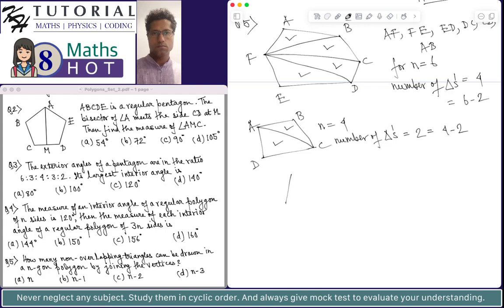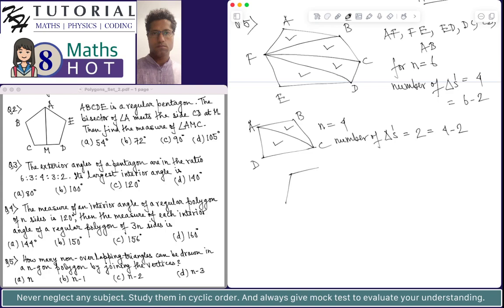Definitely I cannot take 3, because if n is 3, then it is a triangle, and we cannot make any triangle inside a triangle. So at least we have to take a quadrilateral. For the quadrilateral, I checked that the number of non-overlapping triangles comes out to be 2, which is the number of sides minus 2, because the number of sides for a quadrilateral is 4.